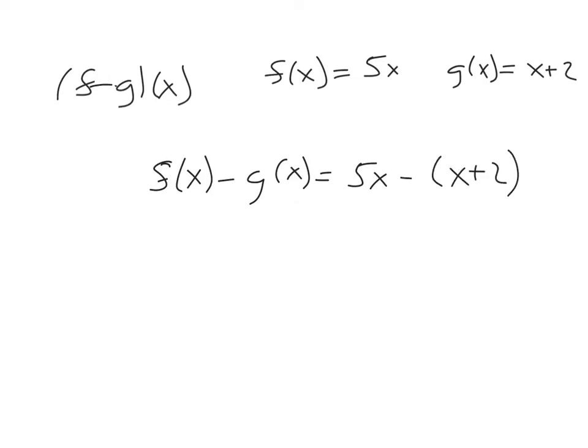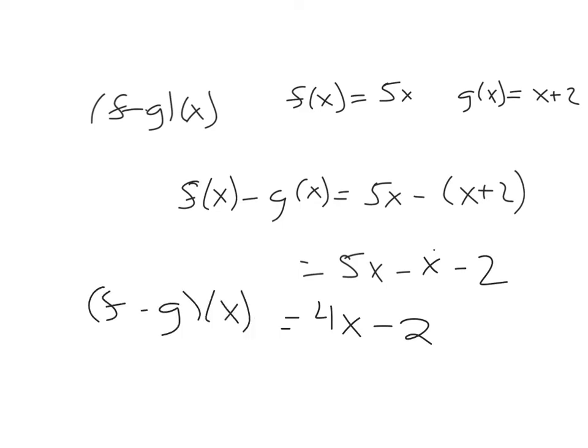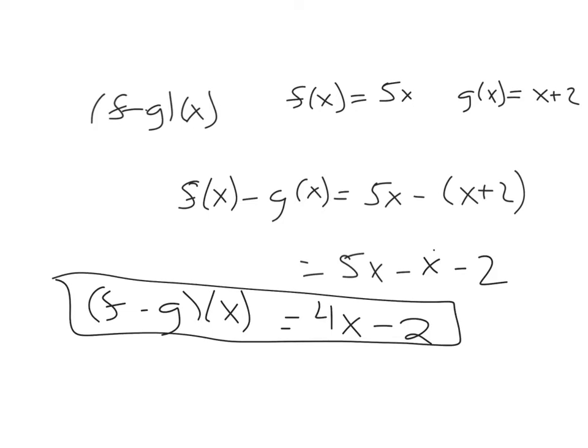Notice how I had to put parentheses around it because we got to distribute that negative to everything. So that means I've got 5x minus x minus 2. So that's going to give me 4x minus 2, and that's going to be f minus g of x. Okay? So far, so good. It's not so bad, right?